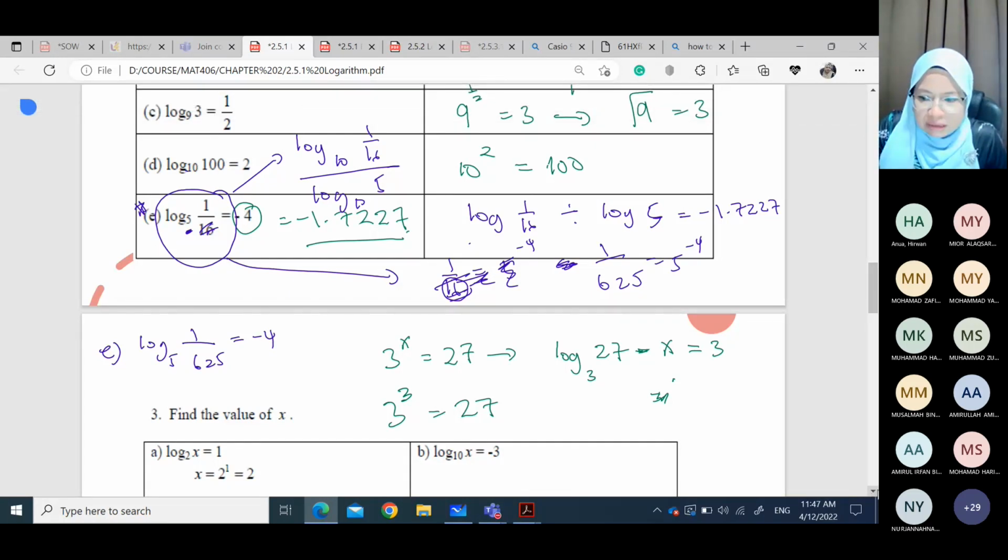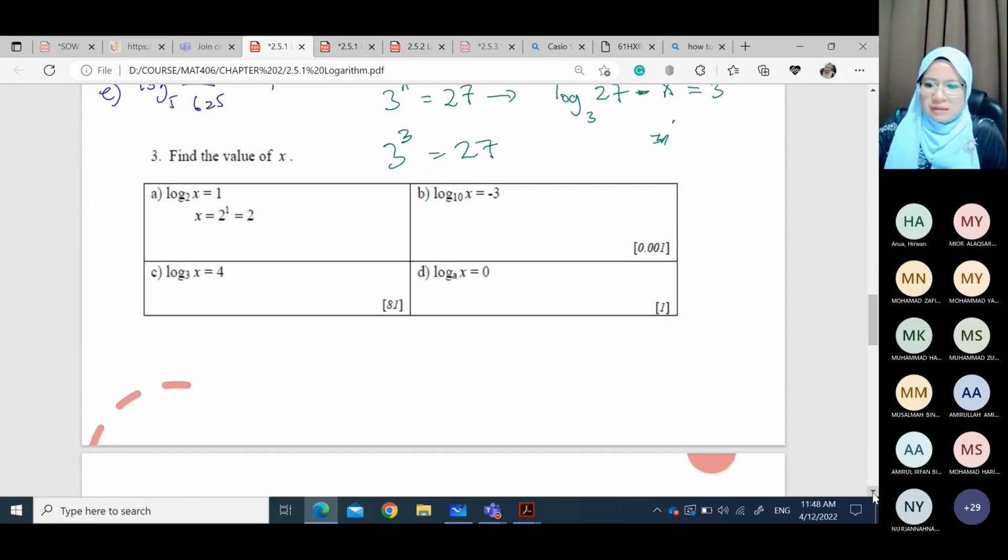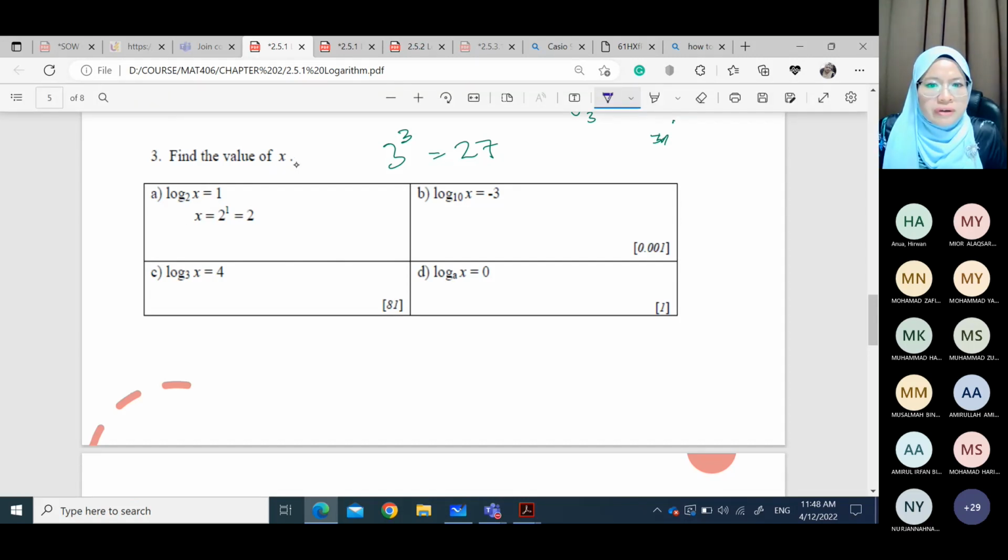Okay, next, yang ni sudah ada soalan tak? Sebelum kita tengok nombor 3. Example 3, find the value of x. Log x base 2 equals to 1. So it is equivalent with x equal to 2 to the power of 1. 2 adalah base dia, index dia adalah 1. Jadi x sama juga dengan 2.